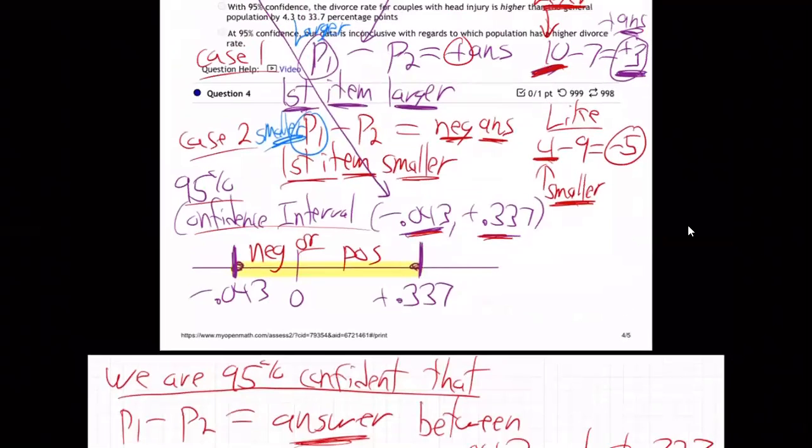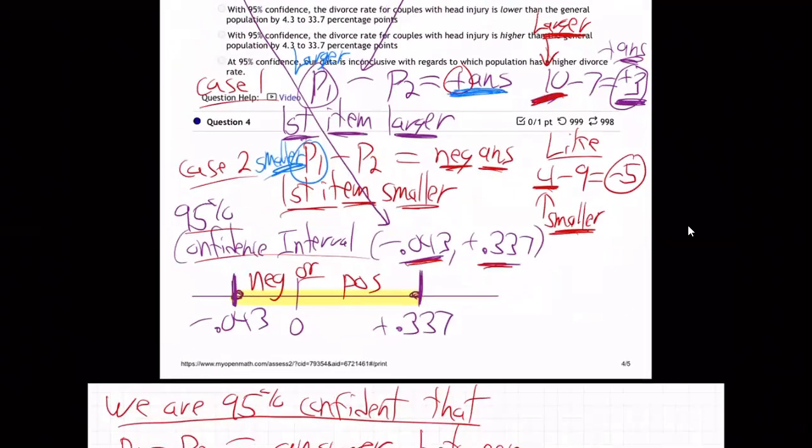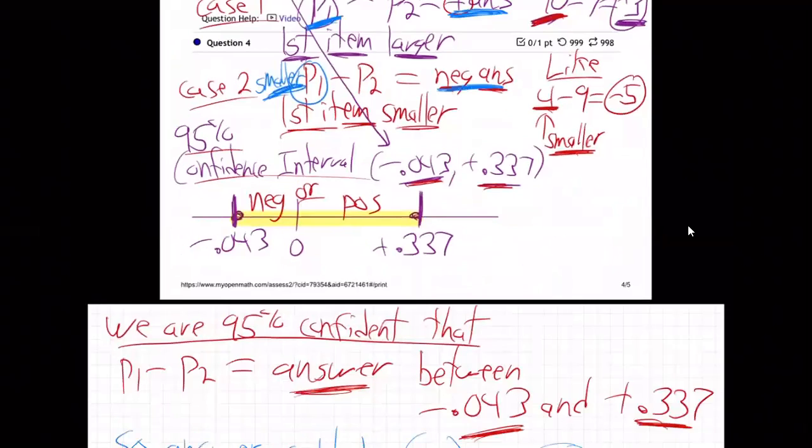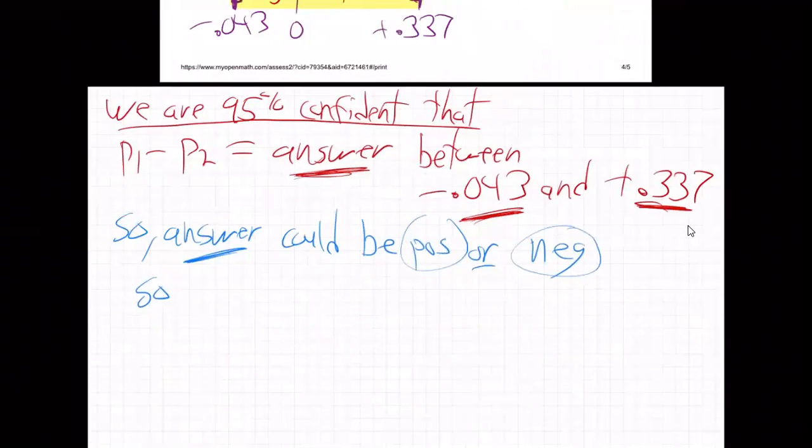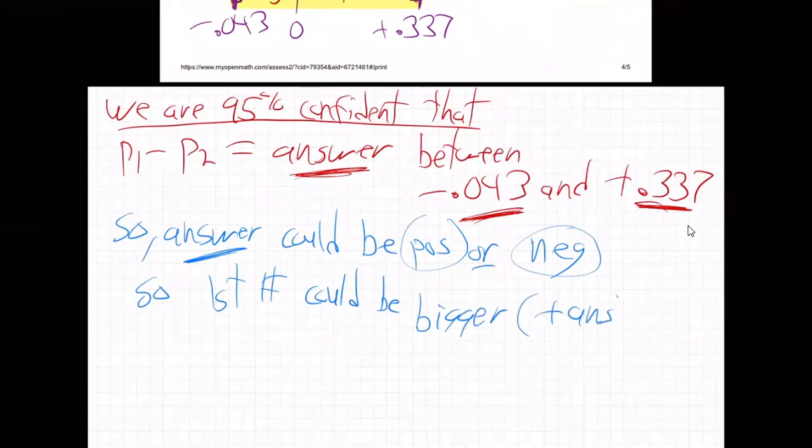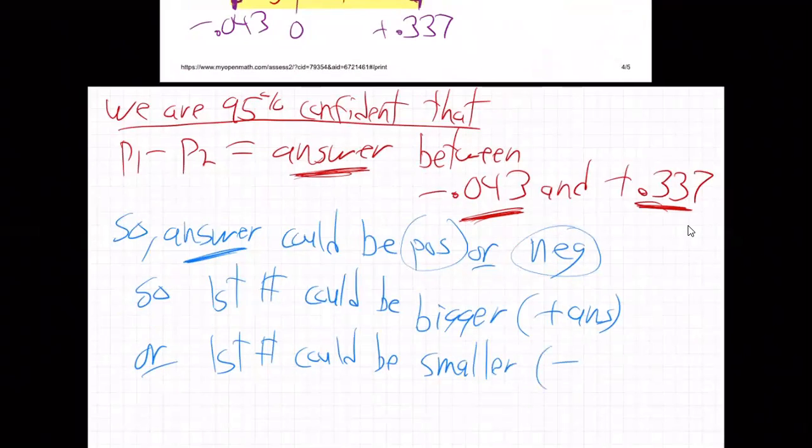Well, we just reasoned that if the answer is positive, the first number is bigger. If the answer is negative, the first number is smaller. So the first number could be bigger, with a positive answer, or the first number could be smaller, with a negative answer.